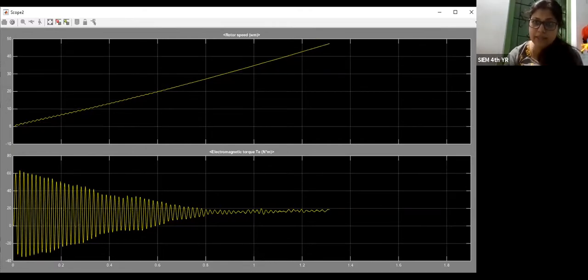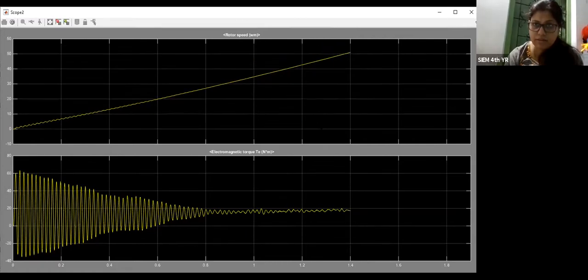After the starting period, it will go to the steady state mode.